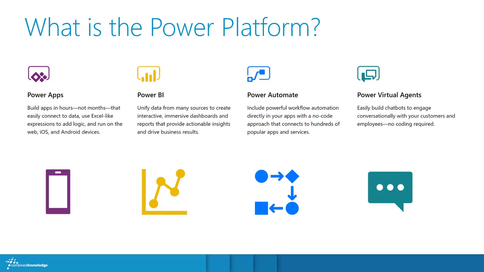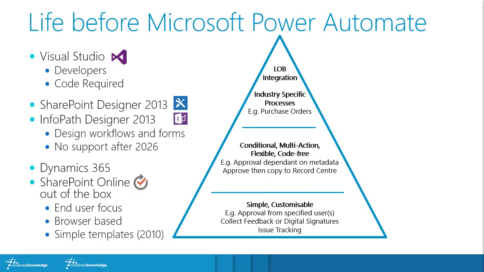So Power Automate, what is it? Why would we use it? Let's first start looking back as to what options we actually had in the past before Power Automate or Flow was made available. Now, in the past, we would have relied on a number of different solutions. We're only concentrating on Microsoft solutions here.